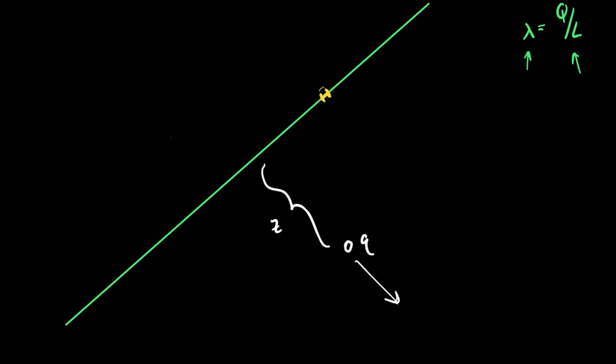What you're going to try and do here is build up a vocabulary that describes where each piece of the object is. And this is tough, but this piece we know has a small amount of charge, dq. And by definition, that small amount of charge is equal to lambda times dx, where dx represents the length of the piece.